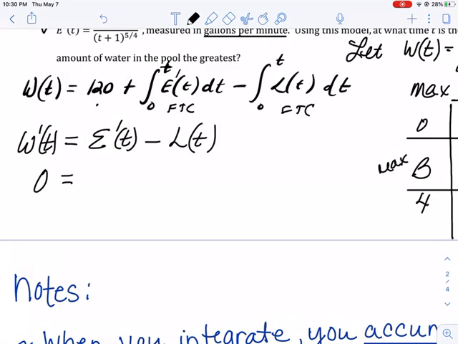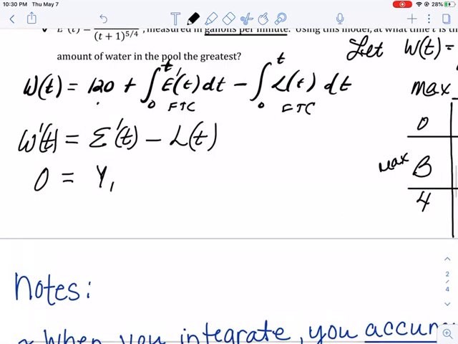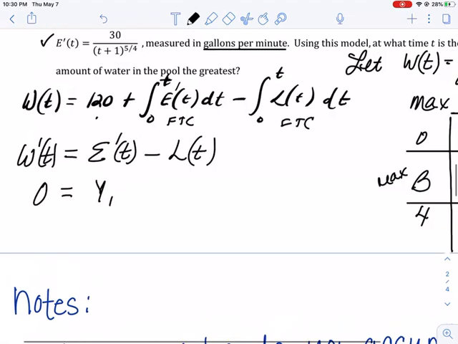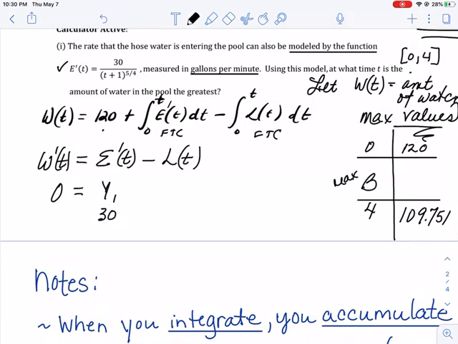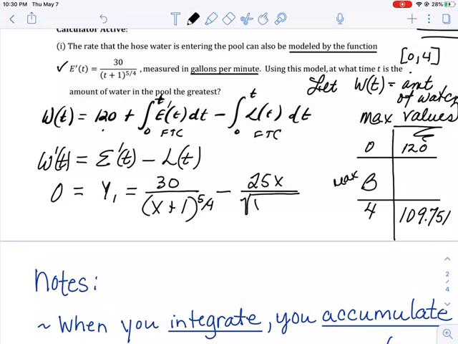So we're going to get a calculator out, and we're going to put the whole expression in as y1. But remember, you're going to have to put it in like this: y1 is equal to 30 over x, the quantity x plus 1 to the 5/4 power, minus L of t, which is 25x over the square root of x squared plus 9.